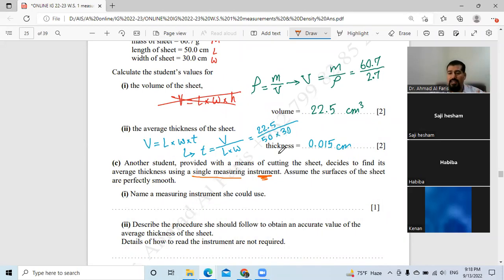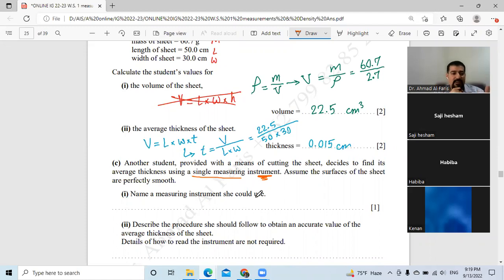I'll do it directly, once. Assume the surfaces of the sheet are perfectly smooth. Name the measuring instrument she could use. What is the instrument that I can use to find the thickness of the aluminum sheet? Bravo, Tina. Bravo, Mu'taz. Another name, huh? Who else?